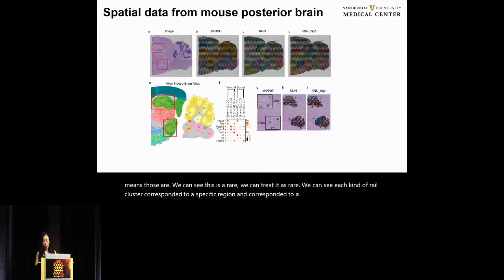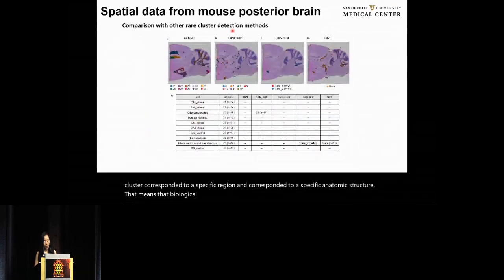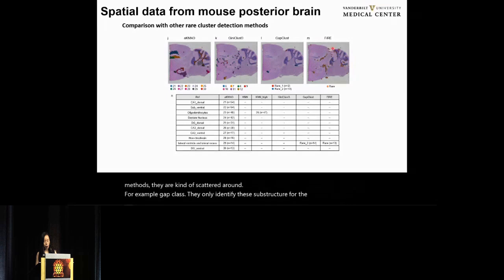That means they are biologically meaningful. But for the rare clusters identified by other methods, they are kind of scattered around. For example, GapCluster only identified this substructure. For FILE, they identified this rare substructure, but they also identified this, which is actually a relatively common structure there.